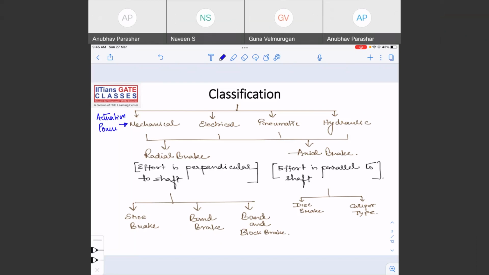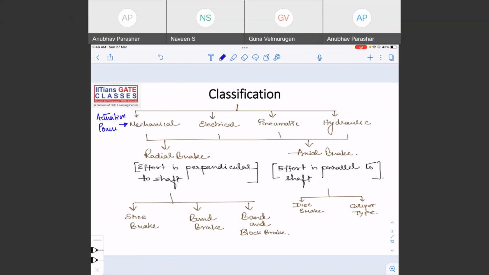It could be electrical, where you are pressing a switch and an electrical motor is running, which is causing the brake to run. It could be pneumatic, where you are using air to transfer the power. Or it can be hydraulic, where you are using some kind of hydraulic fluid to transfer the power. So this is actuation power, where the actuation power is obtained from.